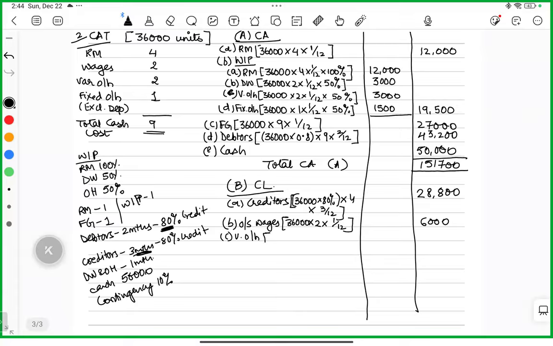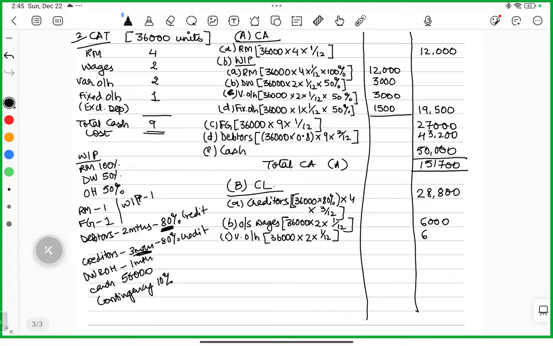Variable overhead outstanding: 36,000 is the number of units. Per unit variable overhead is 2. Overhead outstanding is also for 1 month.